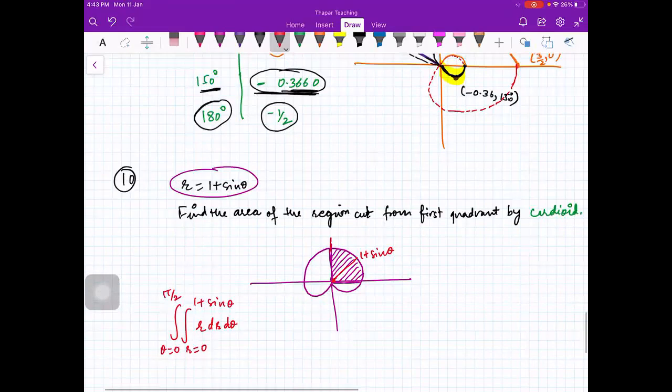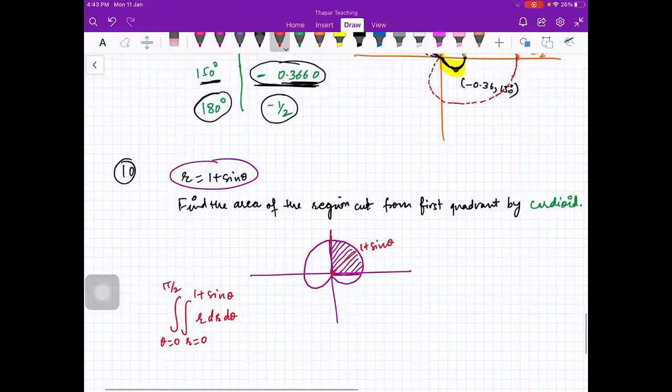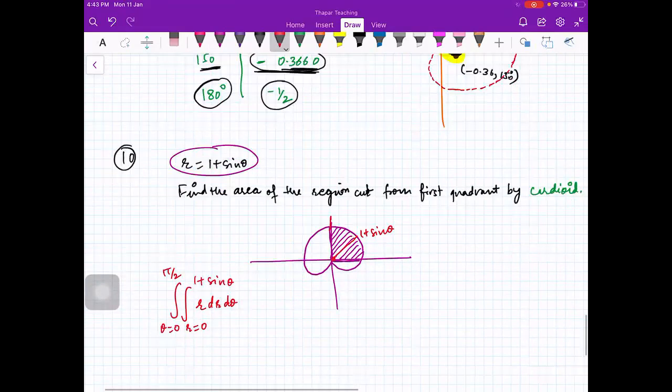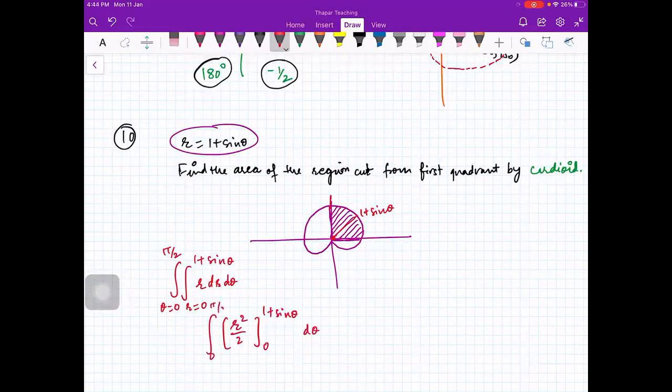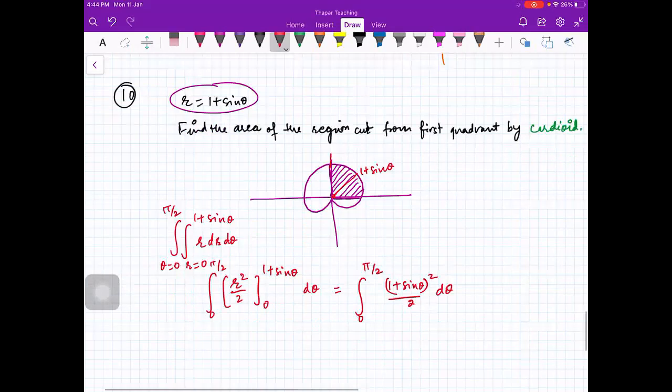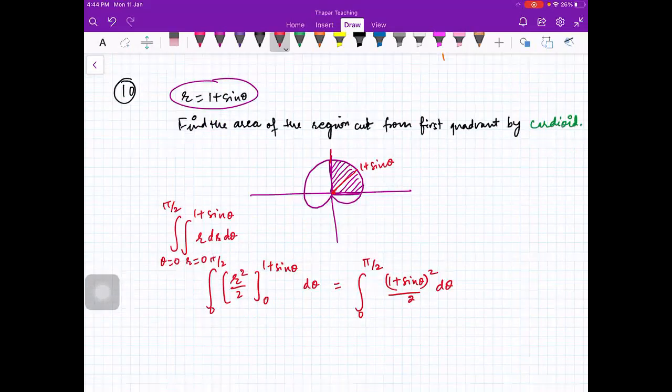So this is R squared by 2 from 0 to 1 plus sine theta, d theta from 0 to pi by 2. So this is (1 plus sine theta) squared by 2 d theta from 0 to pi by 2, right? So you can just do the integration and you'll get your answer as 3 pi by 8 plus 1. Okay, beta? So you can do the integration.